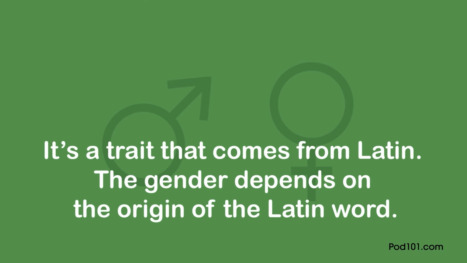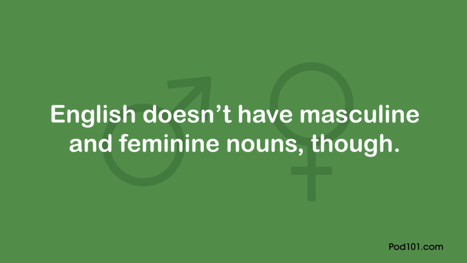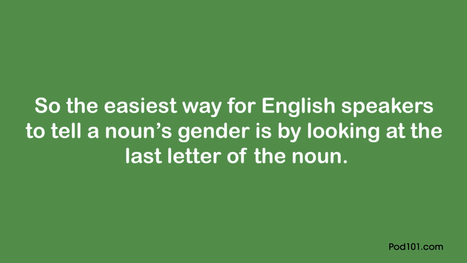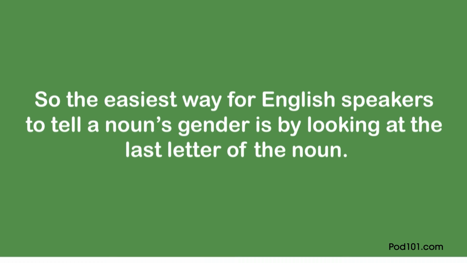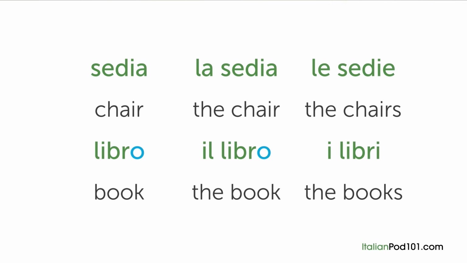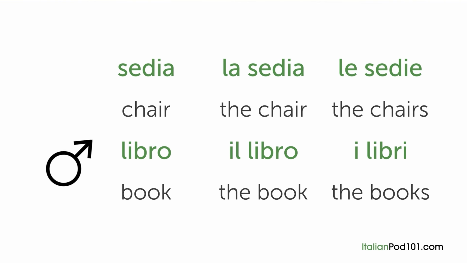The gender depends on the origin of the Latin word. English doesn't have masculine and feminine nouns though. So the easiest way for English speakers to tell a noun's gender is by looking at the last letter of the noun. If a noun ends with O in the singular and I in the plural, it's usually masculine.